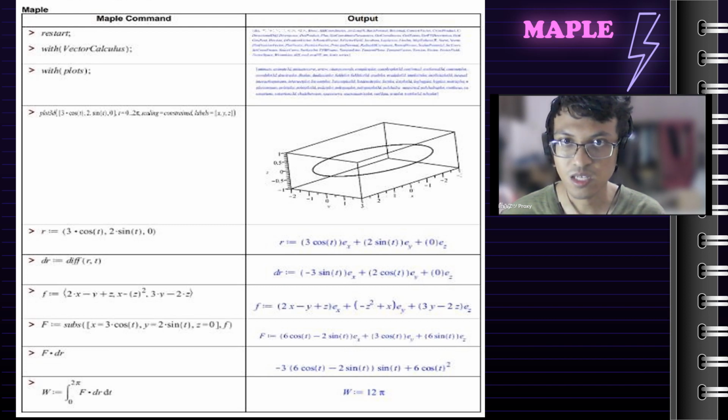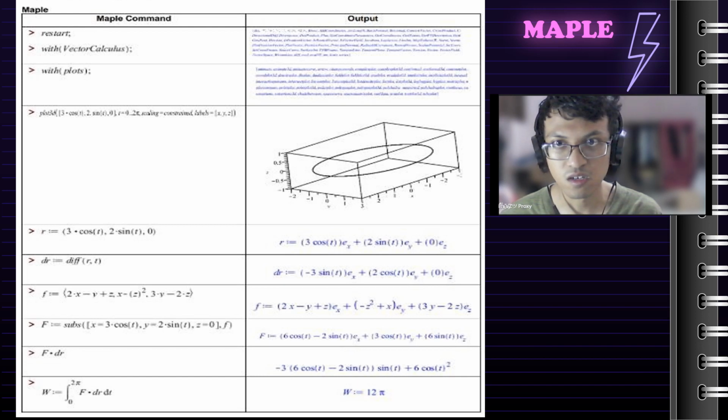For the solution of case study 2, we first find the function for x, y, z, which we can see from here: we got 2x minus y plus z for i, x minus z to the power of 2 for j, and 3y minus 2z for k. The second step is to determine the parametric equation for x, y, and z.